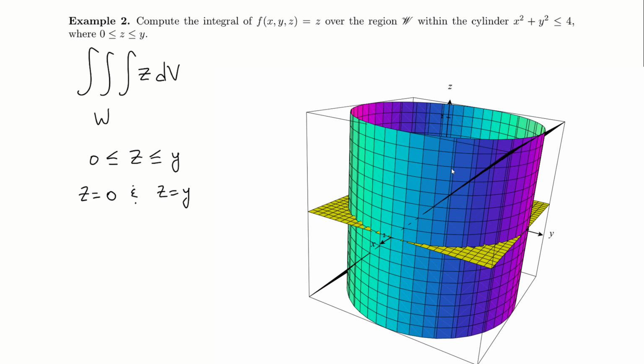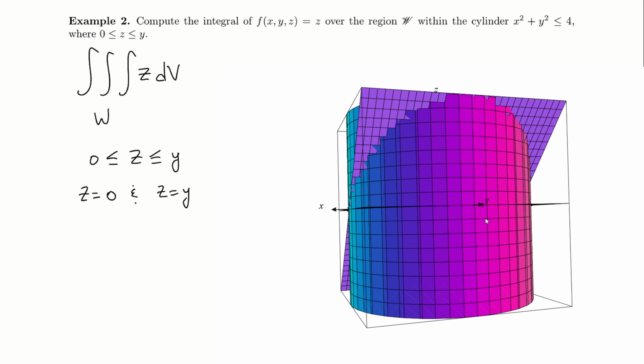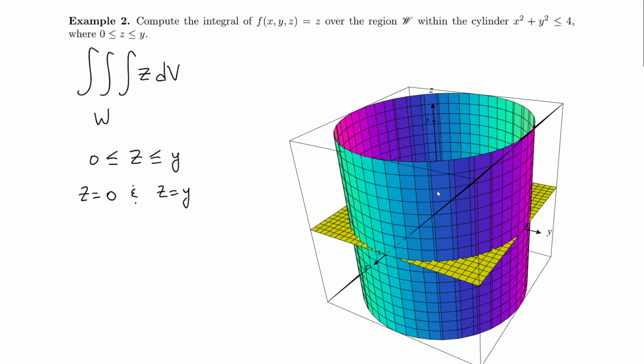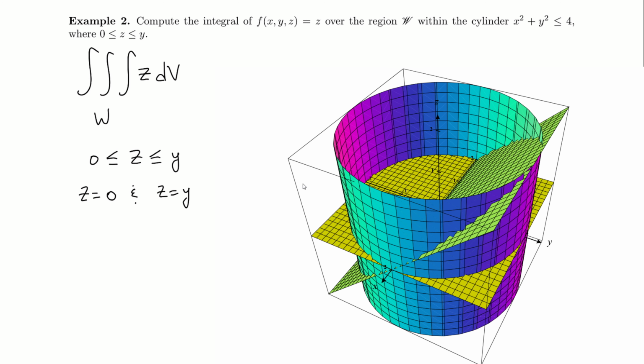Because of this inequality, if x squared plus y squared exactly equals 4, that's why we have this surface. But if we made it an inequality, this would fill it in.